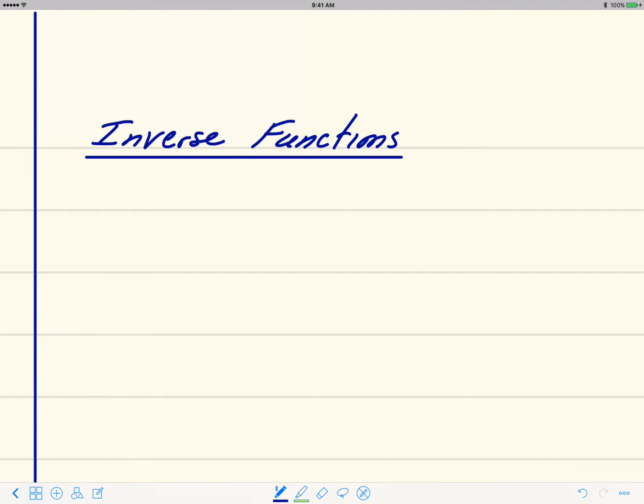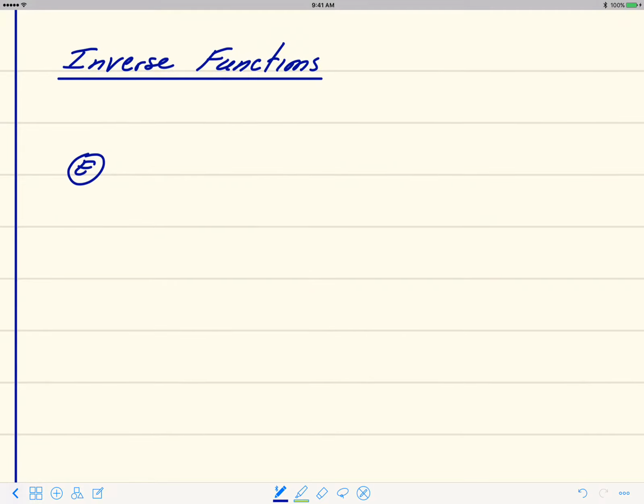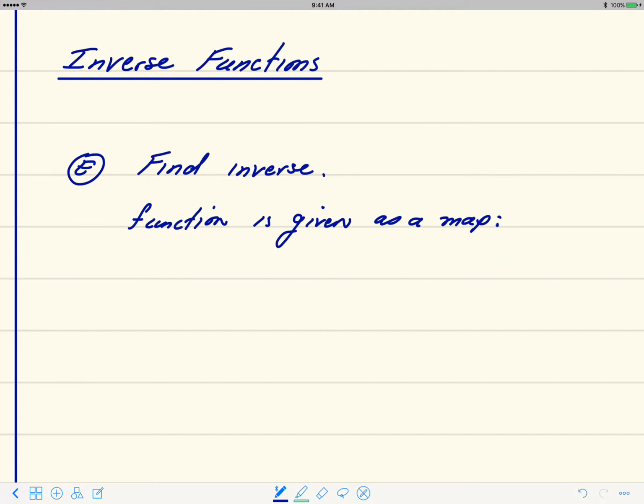Now, if the function is given as a graph, find the inverse, and here the function is given as a map. So here's the map.